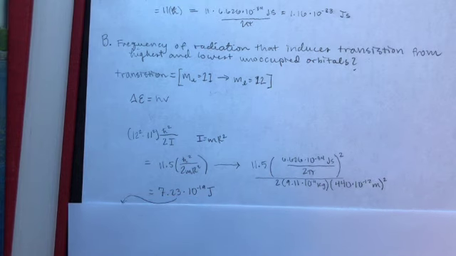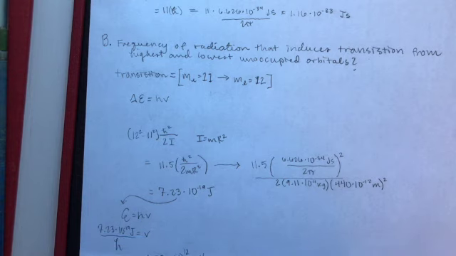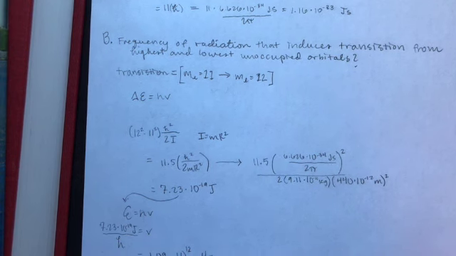So we get delta E is equal to 7.23 times 10 to the negative 19 joules. We'll plug this value back into our equation and divide it by Planck's constant, which is equal, for a final answer, to 1.09 times 10 to the 12 hertz.